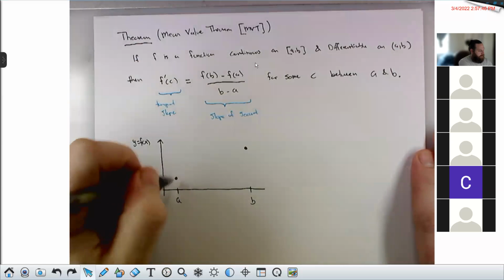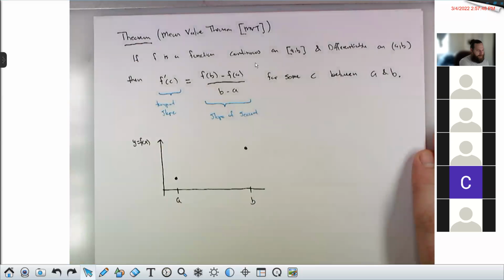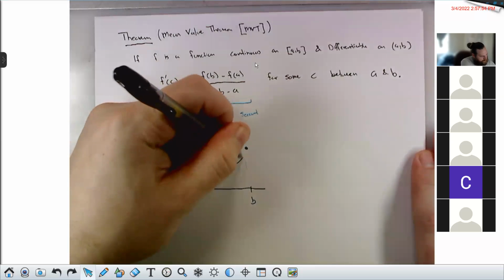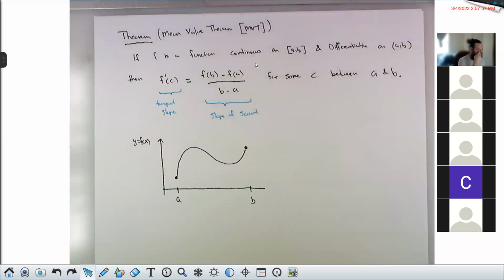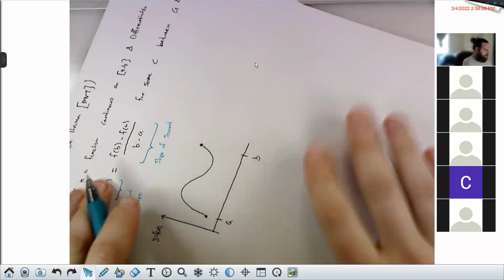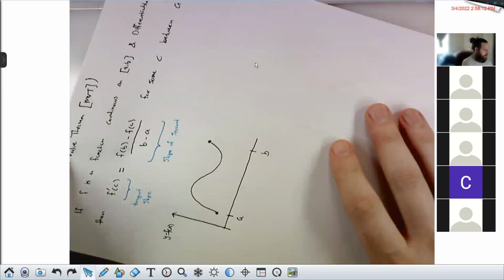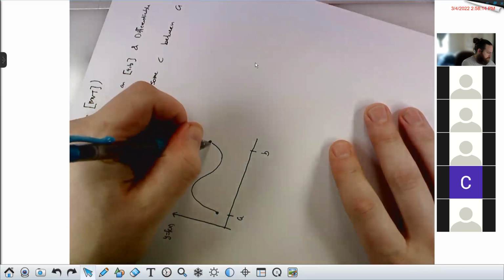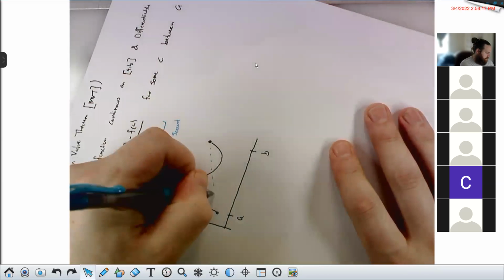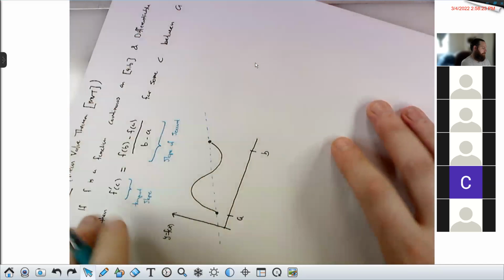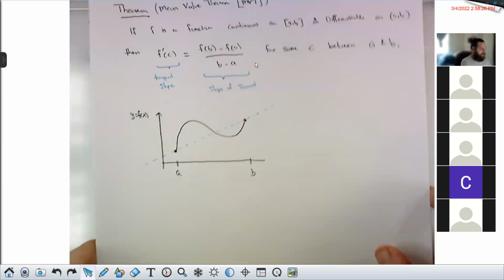And the idea is if I connect these two points with a smooth curve, no matter how I do it, somewhere in here will be a tangent line parallel to the secant line. You have to remember what the secant line is. The secant line for a function between two x values is just the line that connects the dots, the straight line connecting the dots. So that's your secant.